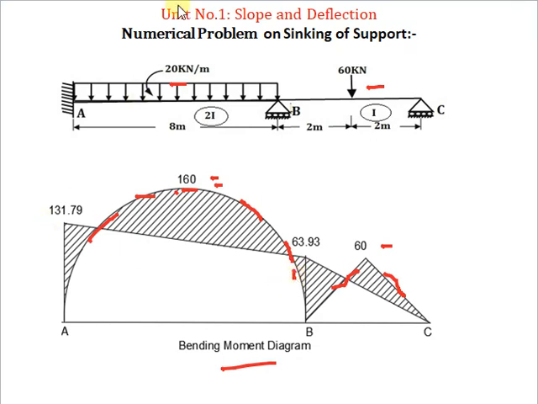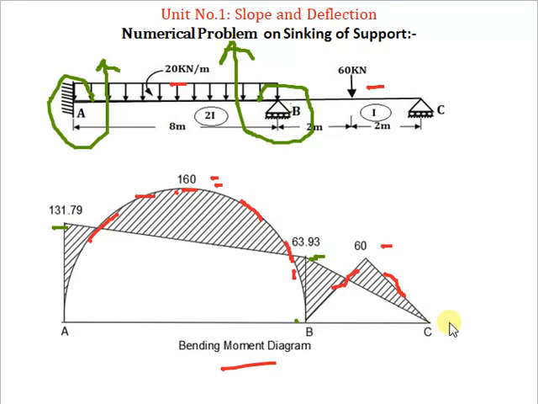Now next is to draw the end moment. At A the end moment is a positive 131.79 kilonewton meter. So keep a pen close to A and rotate in an anti-clockwise direction. After one rotation, the arrow is coming up, so you have to show up. At B the end moment is 63.93, so its value is minus, so you have to rotate about B in a clockwise direction, and after one rotation the arrow is coming up, so you have to show up.